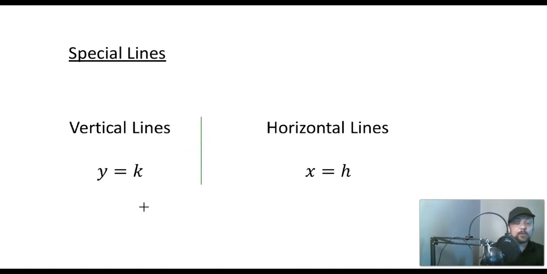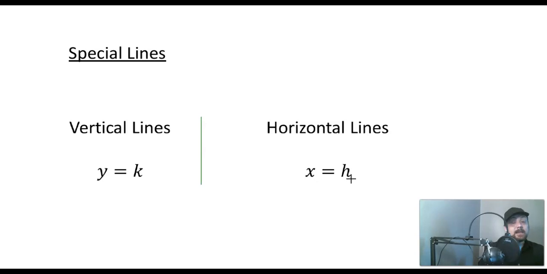The equation for such a line has to have this form. Y equals a number, which I'm just using k as a representation of that number. It's not the same k that we talked about with the center of our circles. It's just a number. So if you have y equals a number, that graph will be a horizontal. Sorry, I'm saying the wrong thing. If you have y equals a number, that graph will be a vertical line. Right.